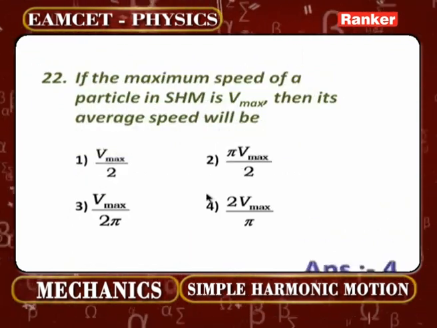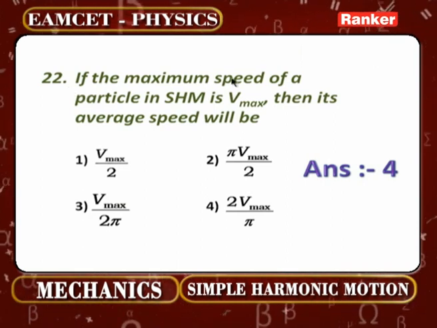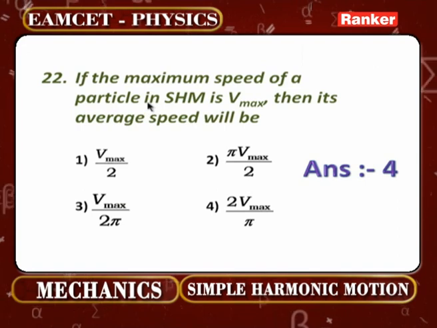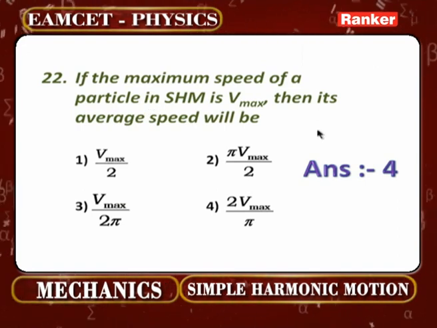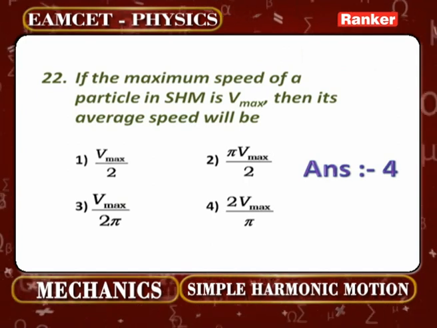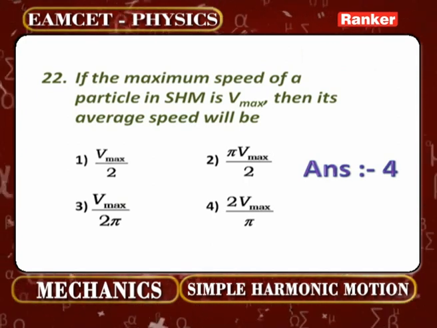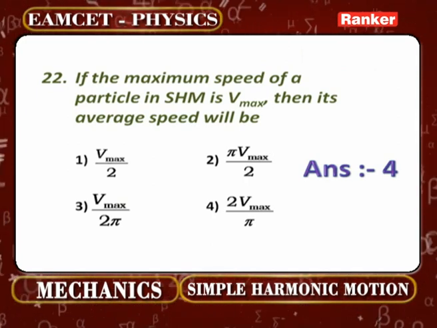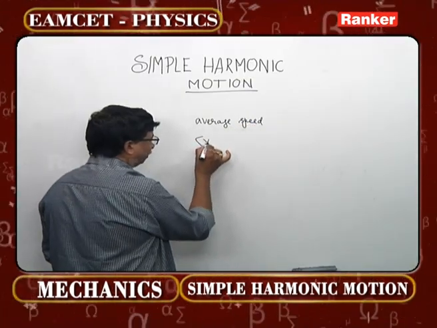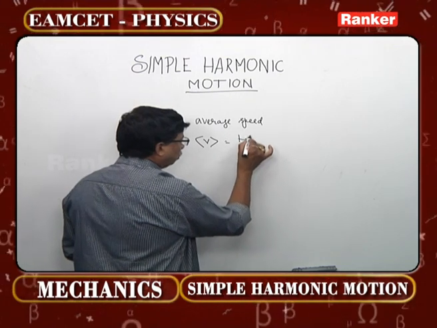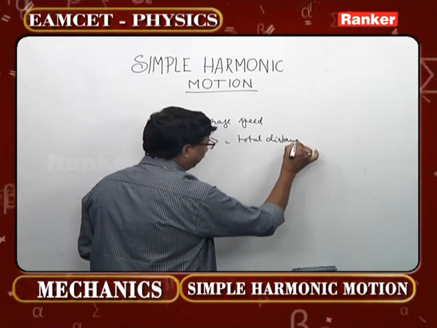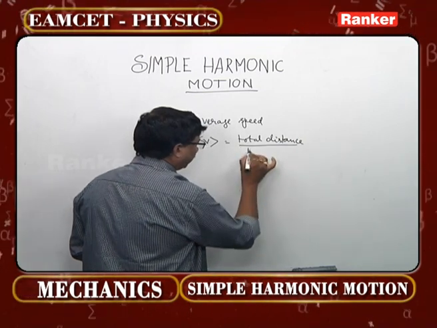That is the 22nd. If the maximum speed of a particle in SHM is V maximum, then how much will its average speed be? Average speed, underline that word, not average velocity. Average speed, if I write that as V, is total distance travelled divided by total time taken.